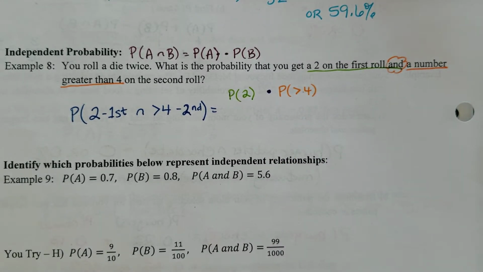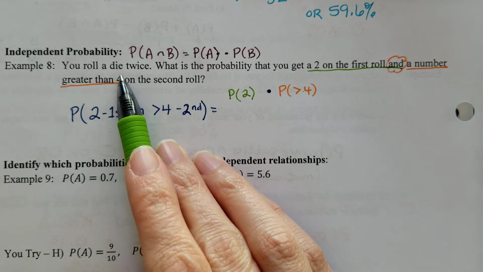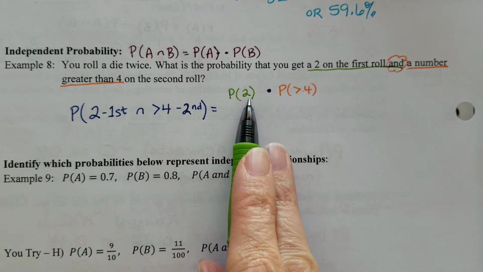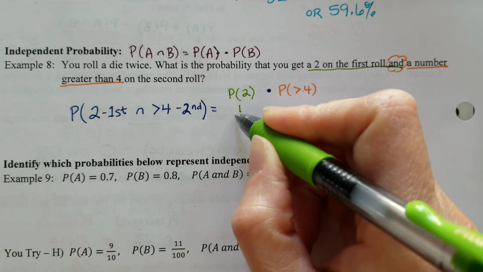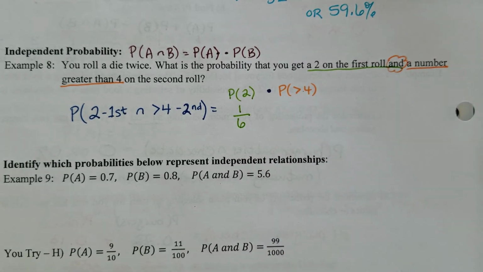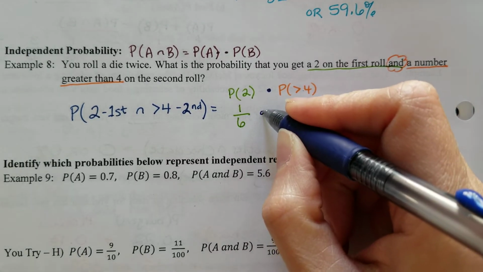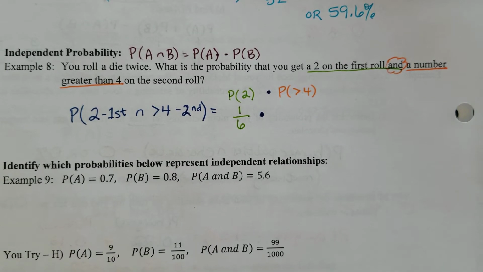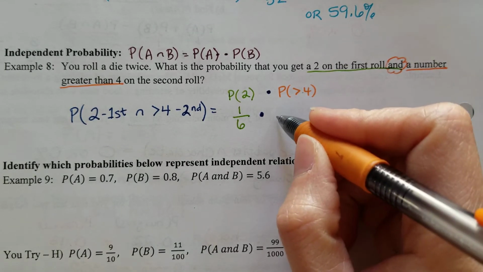So on a 6-sided die, which we always assume it's going to be 6-sided unless we're told otherwise, each number appears once. So the probability of rolling a 2, there's 1 two out of 6 sides. So that is a 1 in 6 possibility. The probability of rolling a number that is greater than 4 is still going to be out of 6. There's still 6 choices.